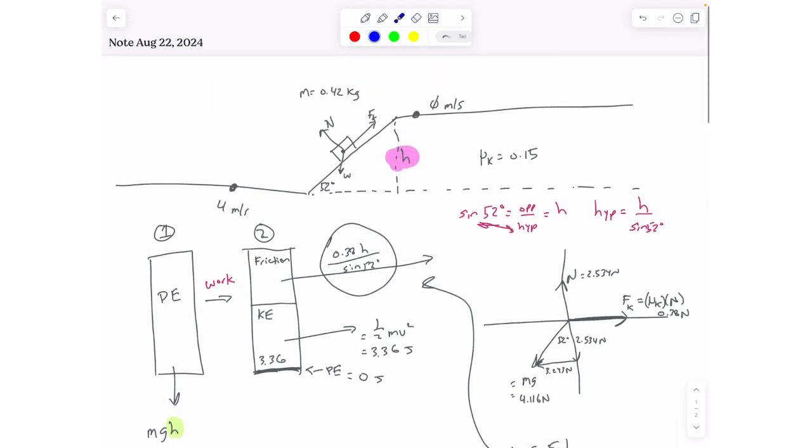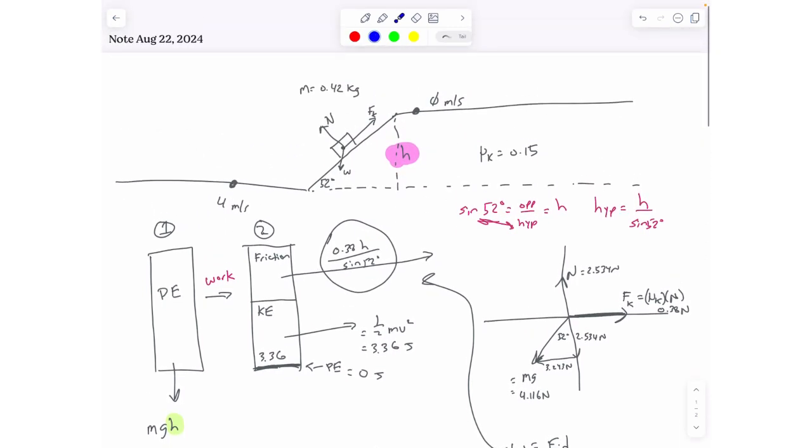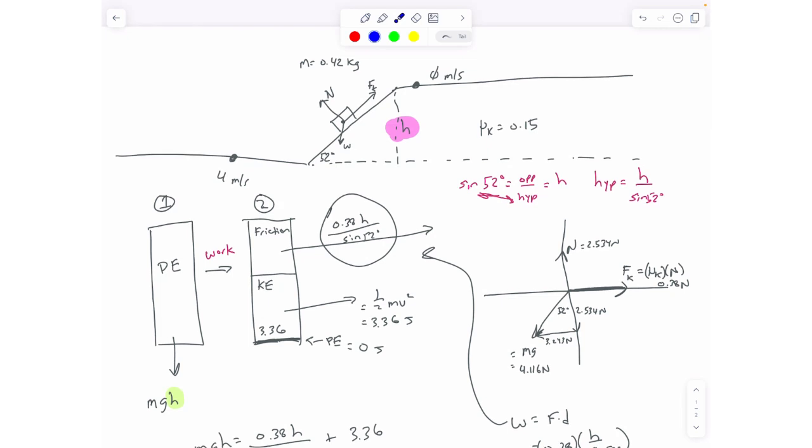So the main idea here is that you're looking for the total mechanical energy in the system, which is potential plus kinetic. And up here, it's all potential energy. Down here, it's really all kinetic. At this point here, it's all kinetic, but we did lose some energy due to friction, right?